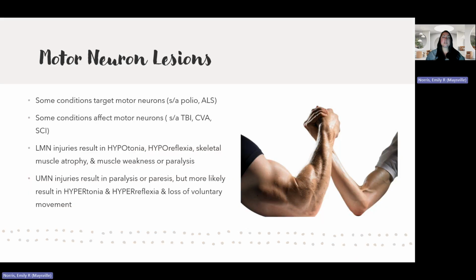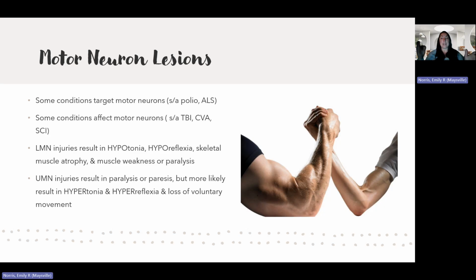Motor neuron lesions. Some conditions target the lower motor neurons.